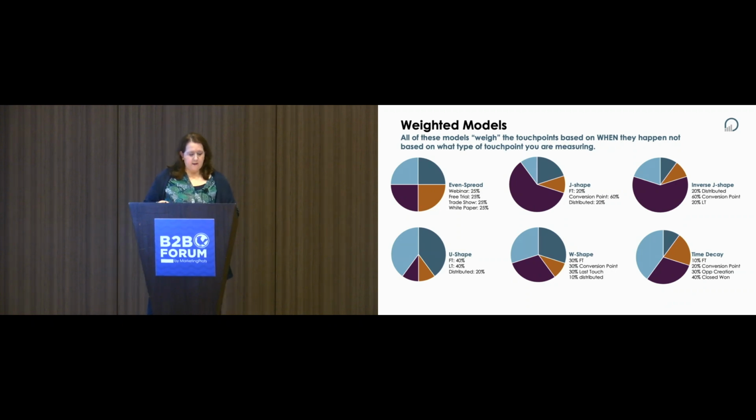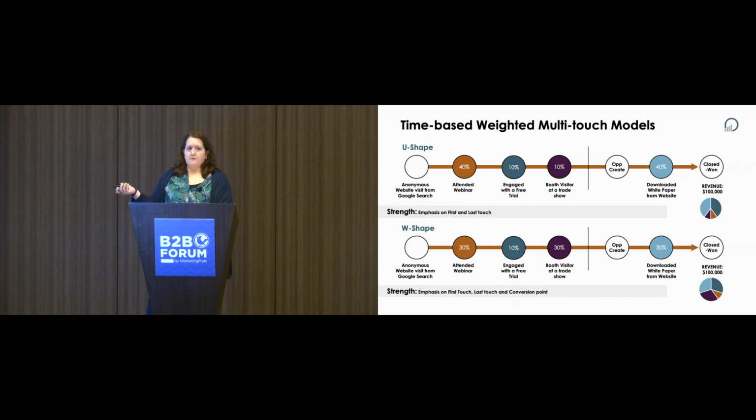So I just want you to keep that in mind as we talk about a couple of these. So I took these 5 shapes here, the 5 pie charts here, and I gave you an individual slide on each one, so you can also see it kind of laid out how it works. I don't have time to go through all of them, but I am going to talk about the W shape because it's a really common model that's out there.